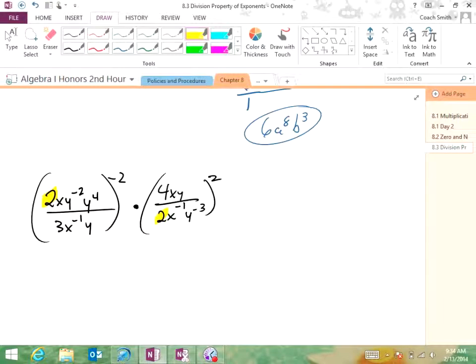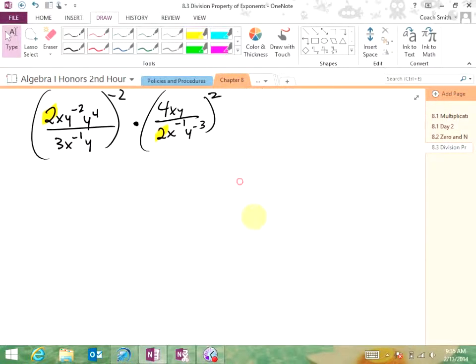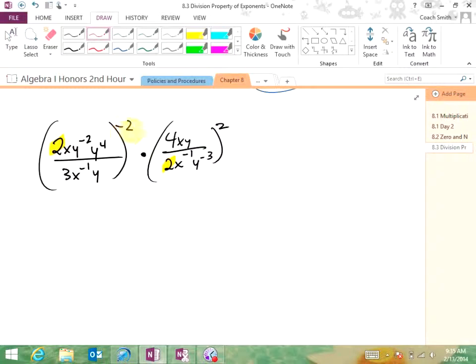But the bottom line is I've got to distribute both of those 2's to the parentheses. So I have to distribute negative 2 to everything inside there, and I have to distribute this 2 to everything inside there.